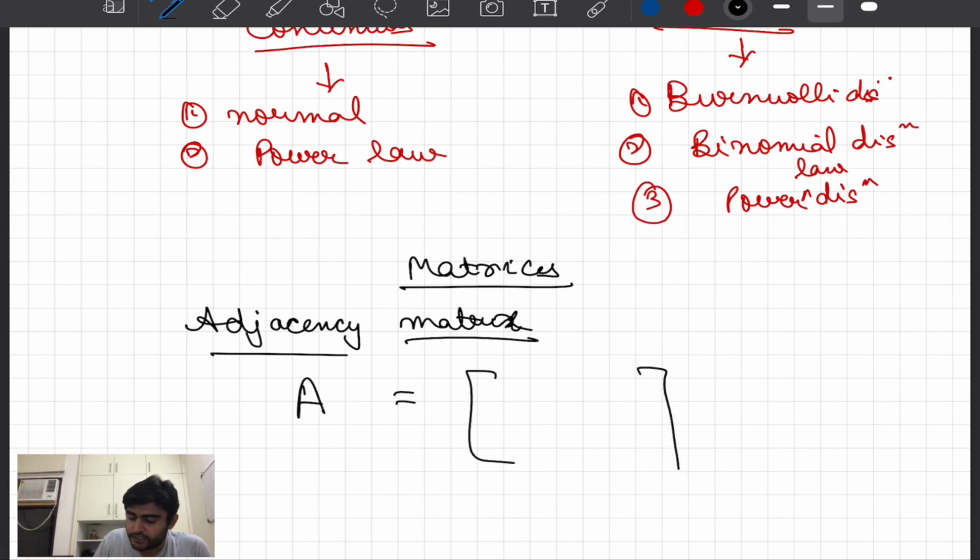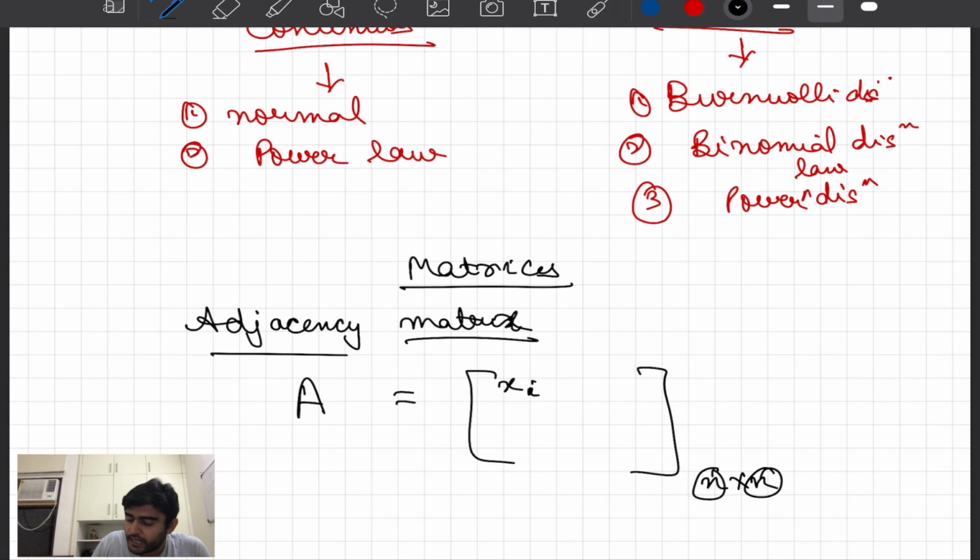So the adjacency matrix would be denoted by A, and a matrix, as you know, is a collection of numbers arranged in some square or rectangular form. The adjacency matrix has one special beauty: it is always a square matrix of size n cross n, so the number of rows is equal to the number of columns.